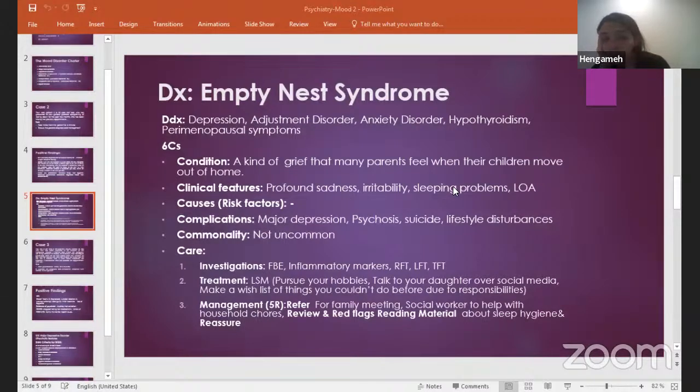The exam for psych is the MSE, mental state exam. We don't do a physical exam in psych.